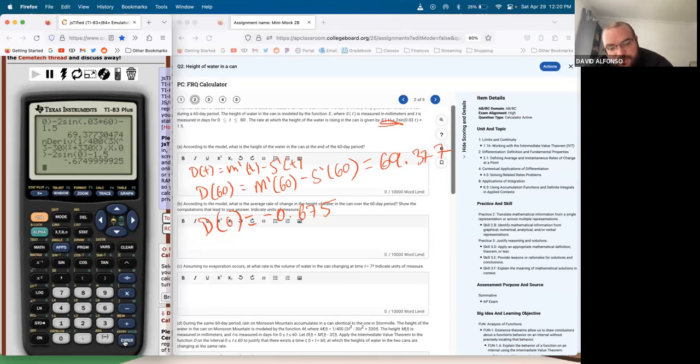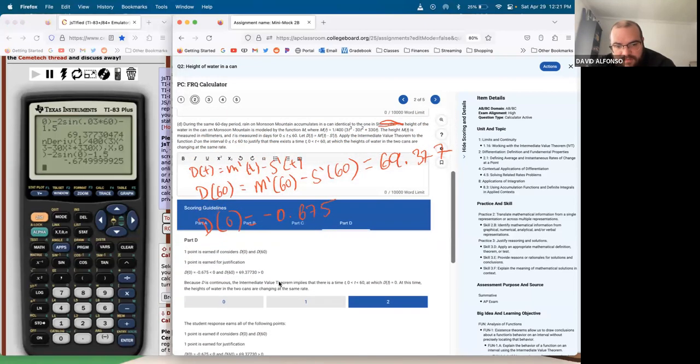So how could you prove that there would be the same rate? Yeah, the wording of this is a weird one. So we applied the intermediate value theorem.